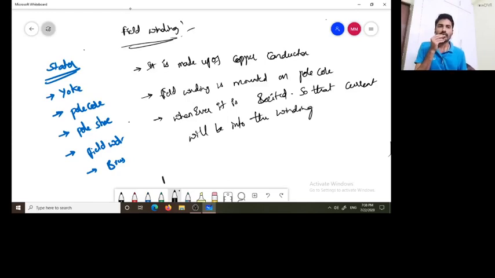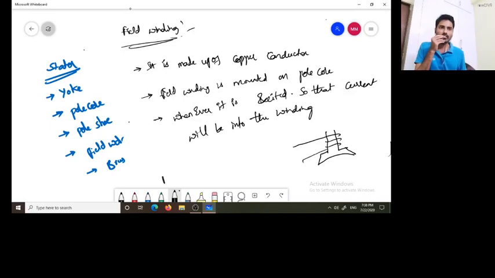I am drawing the pole again here. This is the shape of the iron material. Upon the pole core we are placing a winding, that is nothing but the field winding.